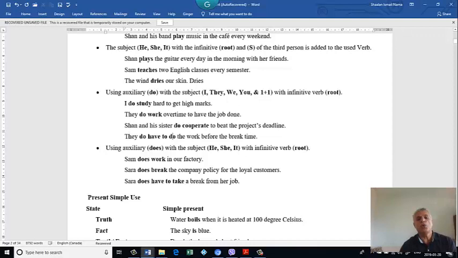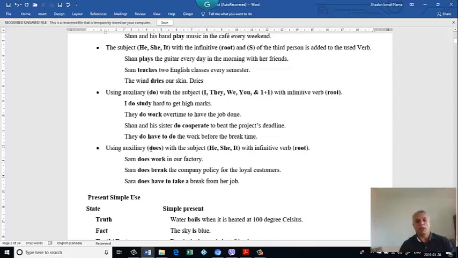Then we say they do have to do the work before the break time. Okay, this is going to be our sentence like this. We have they do have to, meaning they are obliged to do it because they have to before the break time, or before they go to the break.